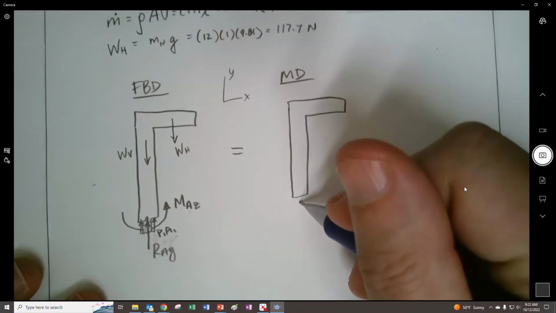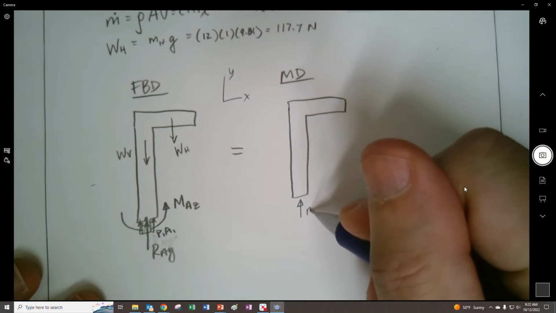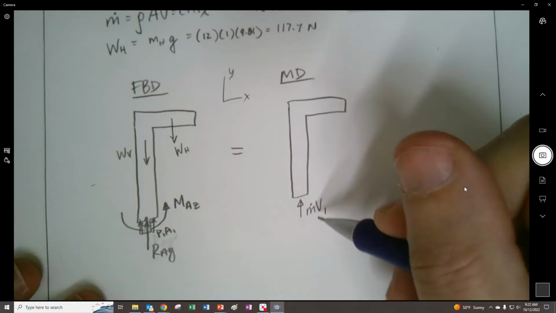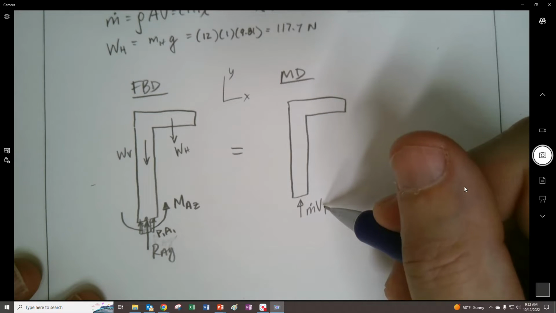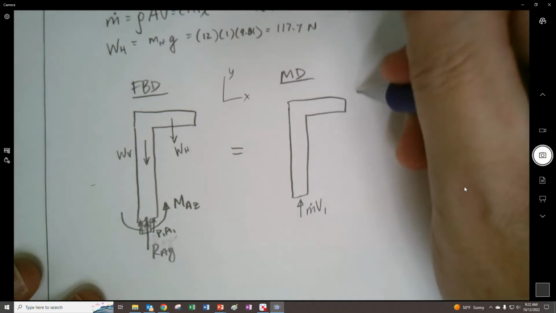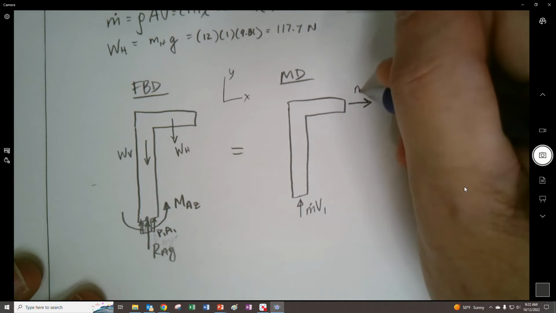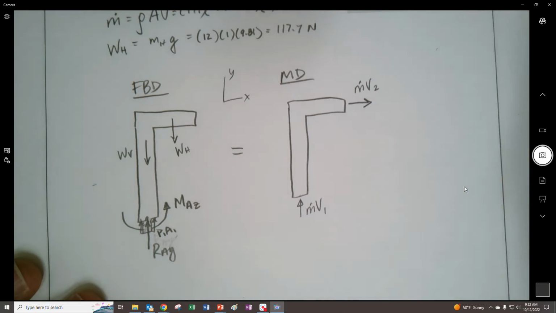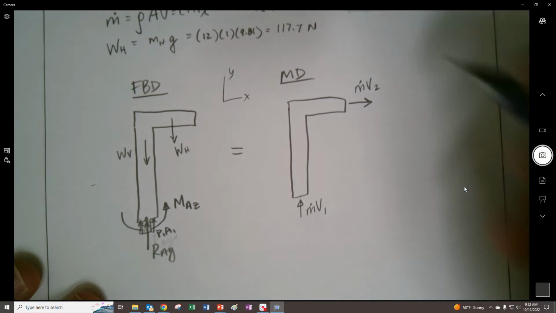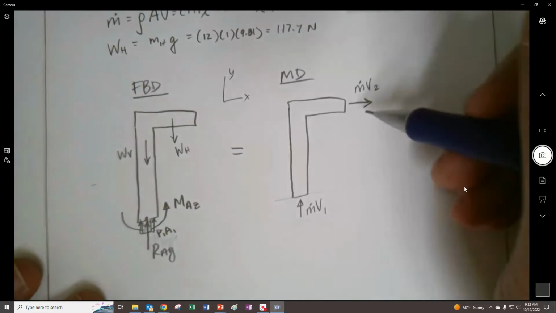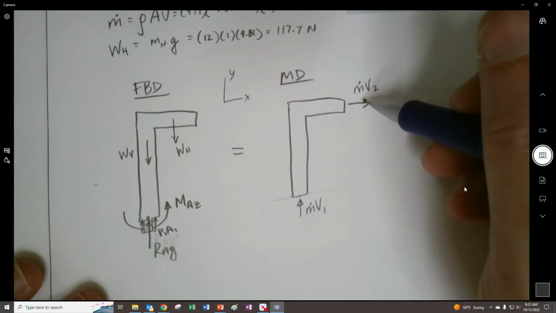All right, so let's be inclusive of all the things that we would want. Here's m dot V1 passing through right here, and then we're going to have m dot V2 passing right through there.